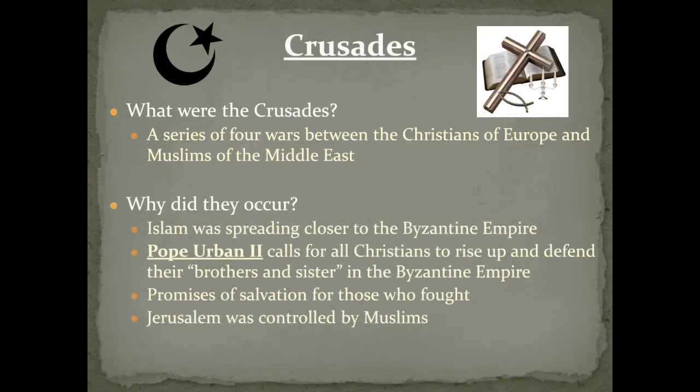So why did these holy wars occur? And this was because Islam was spreading closer to the Byzantine Empire, where we had held a lot of our Christian ideals. So Pope Urban II has his speech, which you guys will have an activity for. And this calls for all Christians to rise up and defend their brothers and sisters in the Byzantine Empire, and promises of salvation for those who fought.